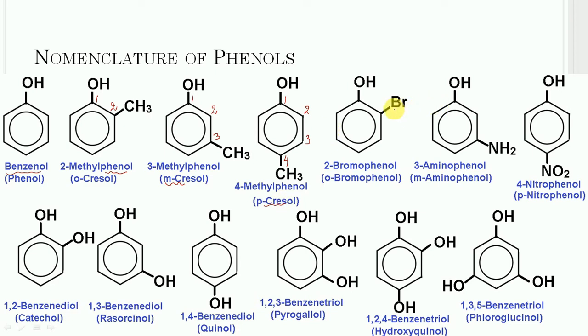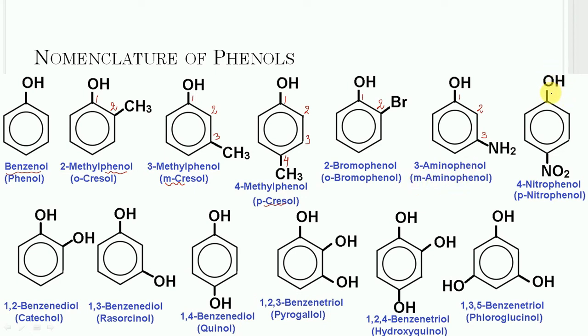Then similarly, this one is carbon number 1 and this is carbon number 2. So it is 2-bromophenol and it is also called orthobromophenol. It is carbon number 1 and carbon number 3. So it is called 3-aminophenol and the common name is meta-aminophenol.